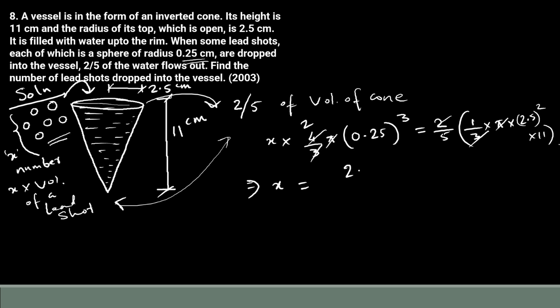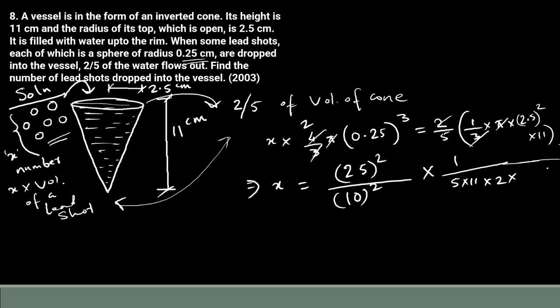Okay, 2.5 you can write like 25 square, and that will be 2.5 by 10 square, so you can write 10 square here. Okay, and you have all this in the denominator, 5 times 11 times 2 times again 0.25 cube you have.